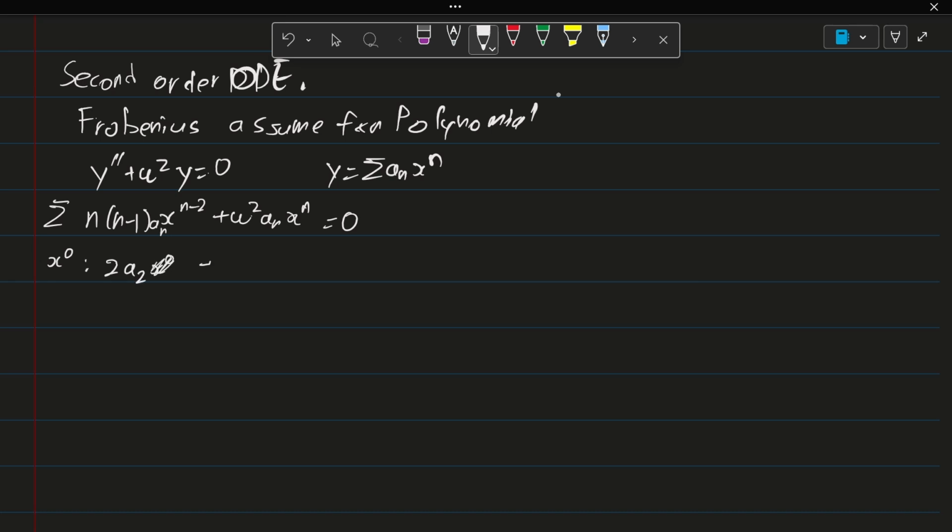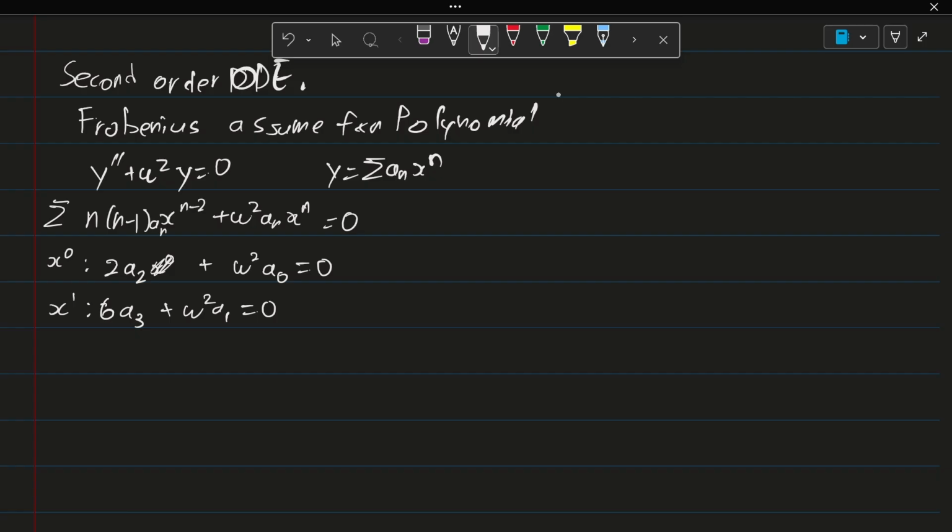So it's from the first side plus, for the other side, n equals to 0, a_0, which equals to 0. And you could continue this for, let's say, x^1. Let's just do until 1. This would be 6a_3 plus omega squared a_1 equals to 0.